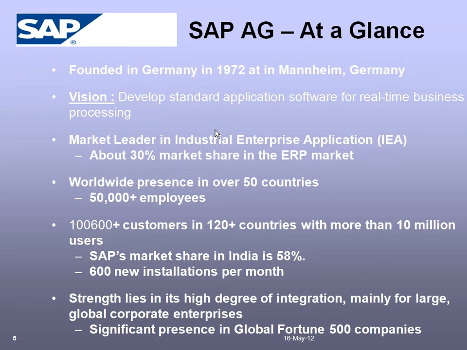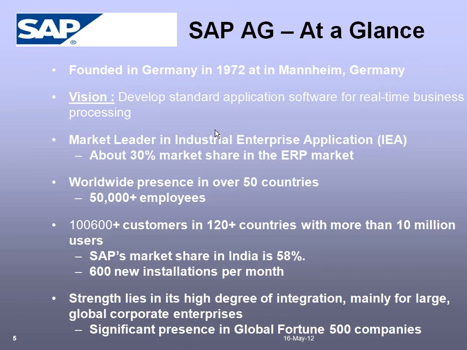That's SAP's strength. So why does everybody go for SAP? Why not the other ERP software tools? The basic reason is that SAP's strength lies in its high degree of integration, mainly for large global corporations. Like I said, the integration between various modules, or between one company located in the UK, another in the US, maybe some other company located in India.